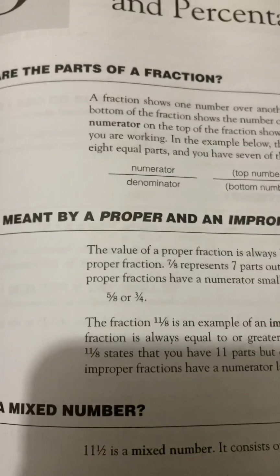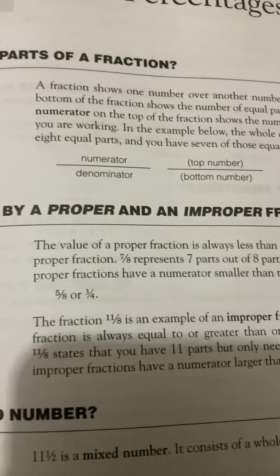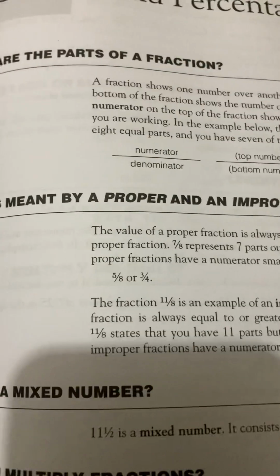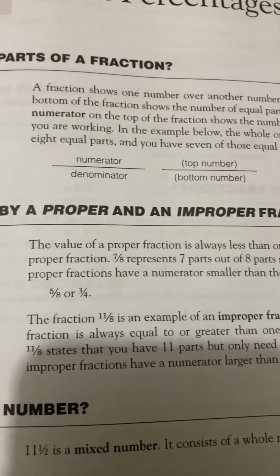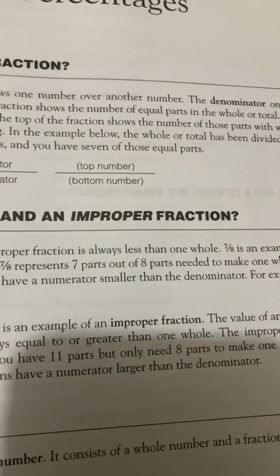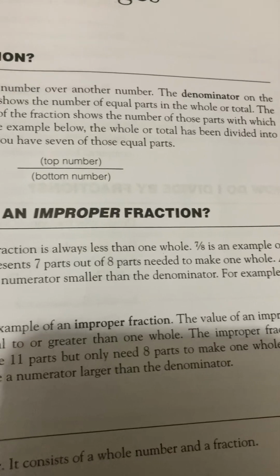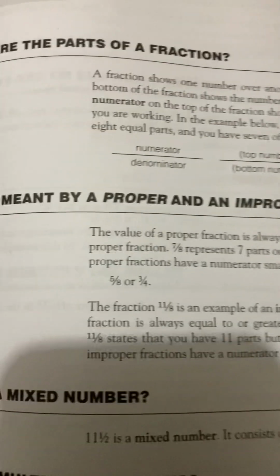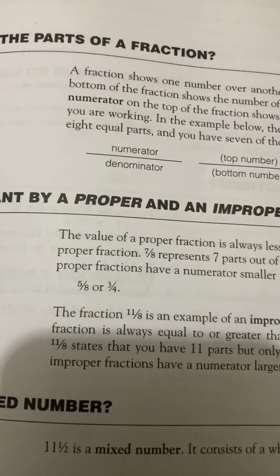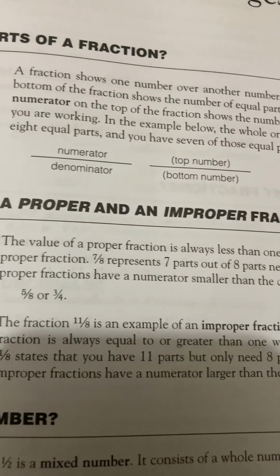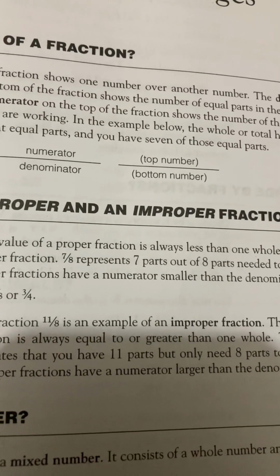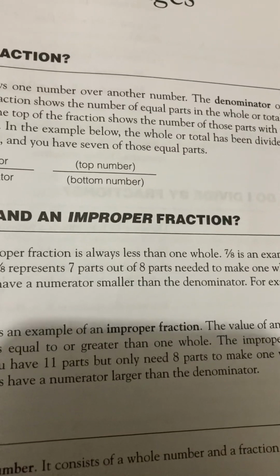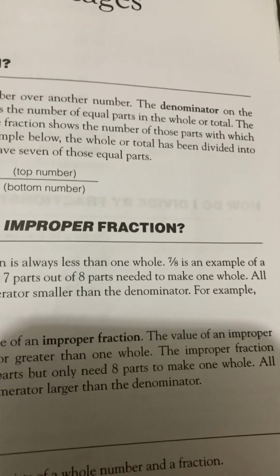What is meant by a proper and improper fraction? The value of a proper fraction is always less than 1 whole. 7/8 is an example of a proper fraction. 7/8 represents 7 parts out of 8 parts needed to make 1 whole.